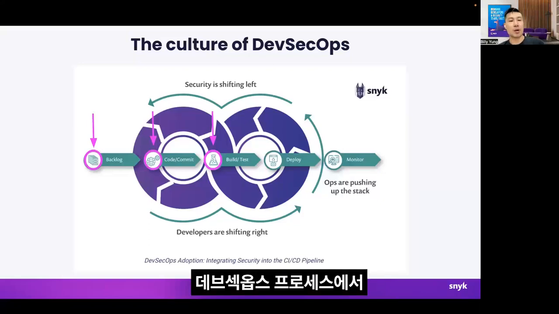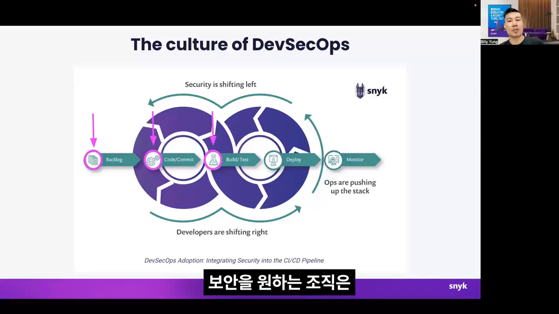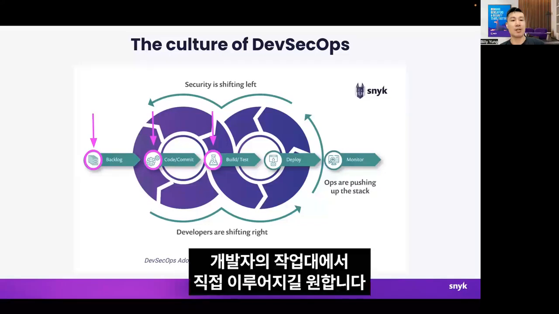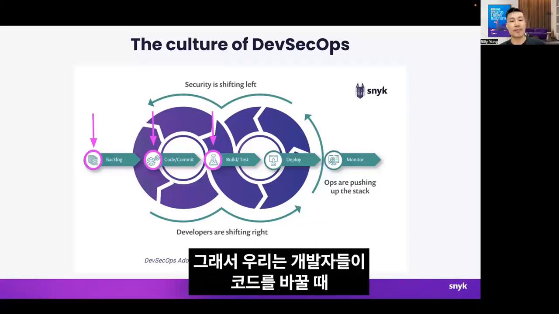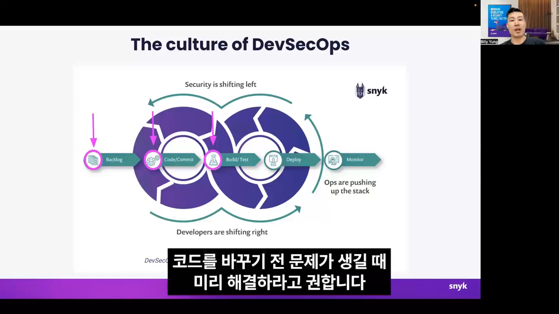Organizations looking to adopt security in a more modern DevSecOps process are looking to shift left and provide the security insights from these security testing tools directly in the developer workstation. So as developers are making code changes, we want to provide them with this information as they're making the code change. Provide them with recommendations on how to fix the issues before they commit the code.